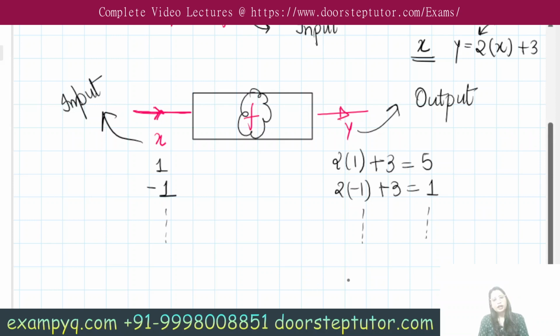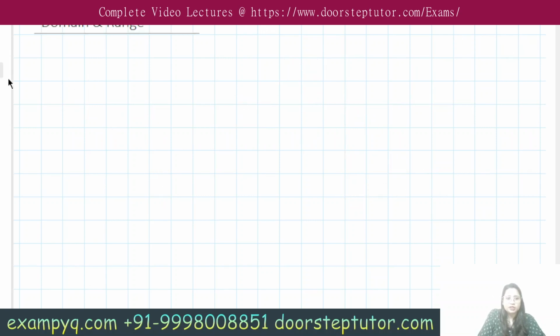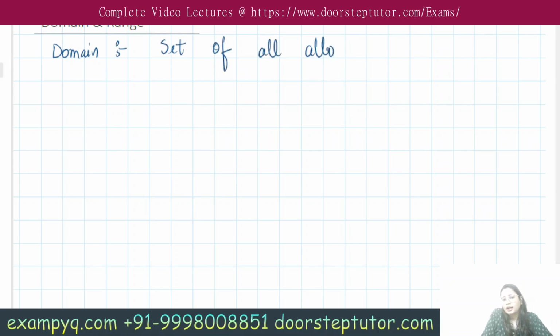Okay, now all such values of x which your machine, basically your function, can take are combinedly called the domain. So what is domain? Let me just write it down for you. We are introducing a term domain, which is the set of all allowed values of the input variable.